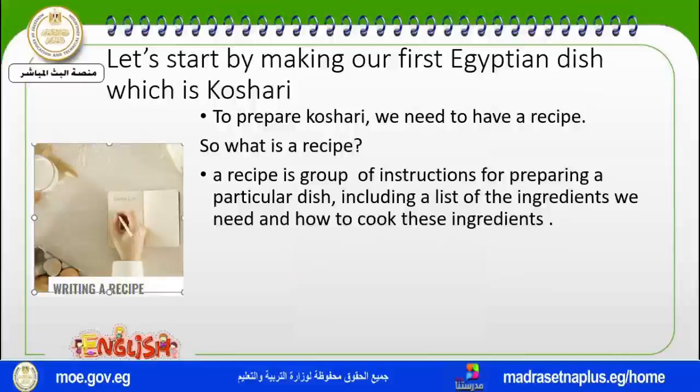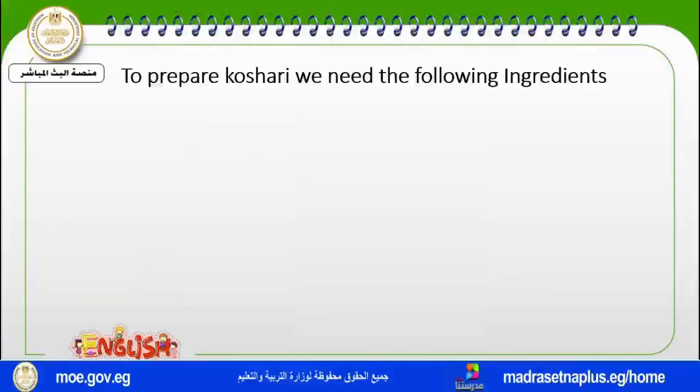So a recipe is ingredients and how to turn these ingredients into a wonderful, delicious, yummy dish. So let's start by knowing what the ingredients are, what we need to prepare kushari.